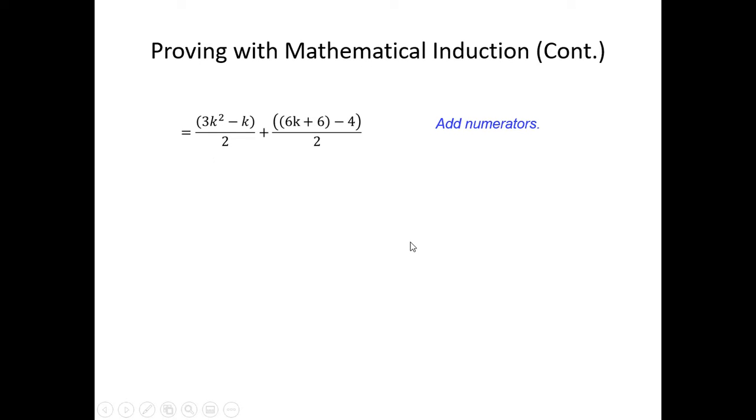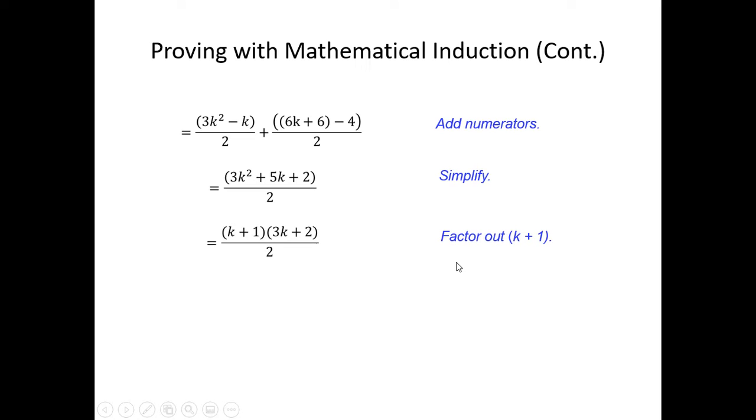And that is all divided by 2. So combine like terms and simplify. I have 3k squared plus 5k plus 2 divided by 2. Well, I can factor the numerator into k plus 1 times 3k plus 2, all divided by 2.